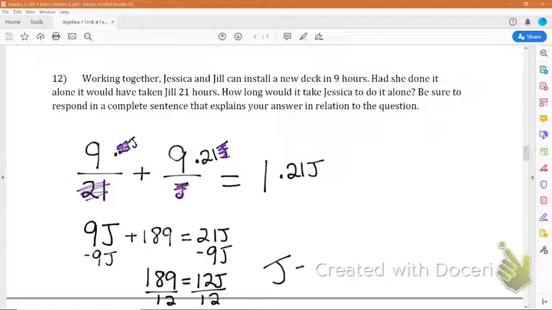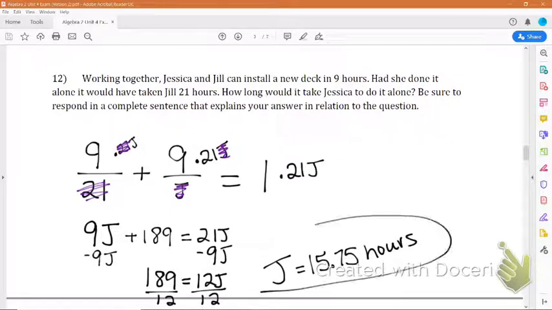Hours. So Jessica, working alone, could install this deck in 15.75 hours. Okay, I'll write it down.